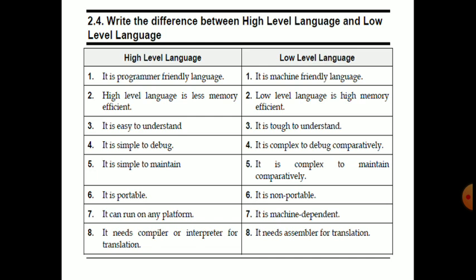That is, the machine can easily understand and easily process that language. Next, the second point: high level language is less memory efficient, so it uses more memory, because multiple instructions can be written in a single statement. And in the case of low level language, it is highly memory efficient.